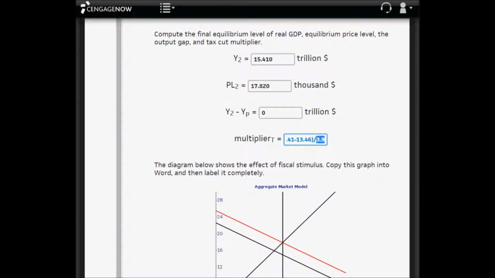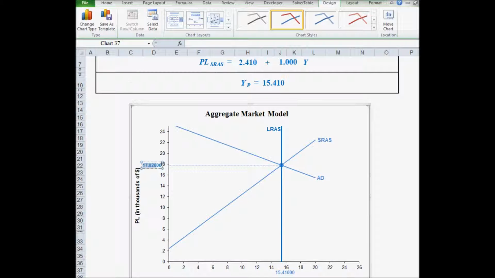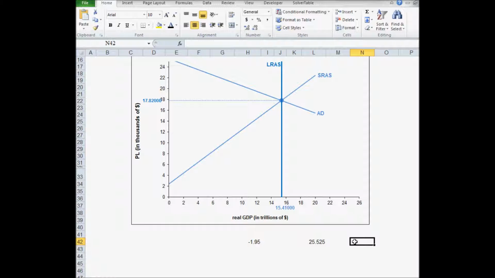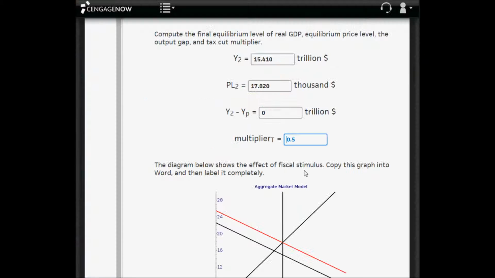So I have the tax cut in absolute value. I have the increase in GDP, and I take that and copy it into Excel to compute it. So again, the increase in GDP is that difference, and this is the tax cut, which gives a multiplier of 0.5.